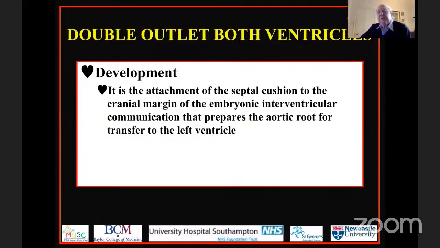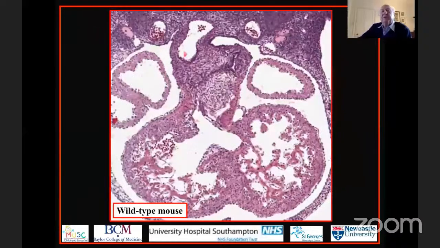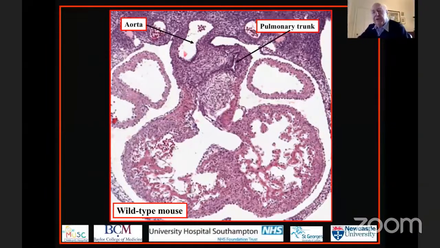So that commitment by the cushions to the cranial part of the interventricular communication prepares the aortic root for its transfer. But in normal development, this also depends on what happens to the cushions themselves. Because in normal development, as we see in this histologic section, there you see the aorta, there you see the pulmonary trunk.